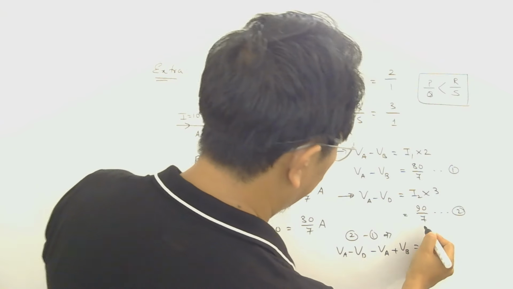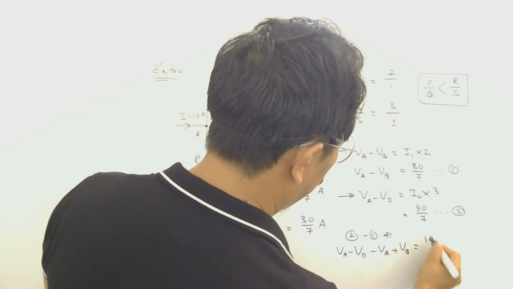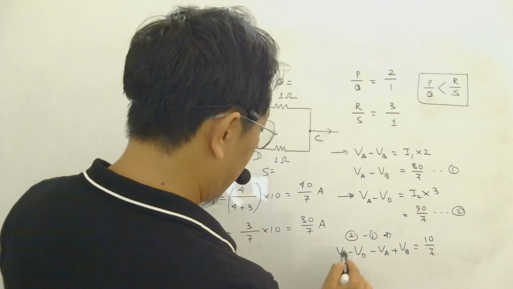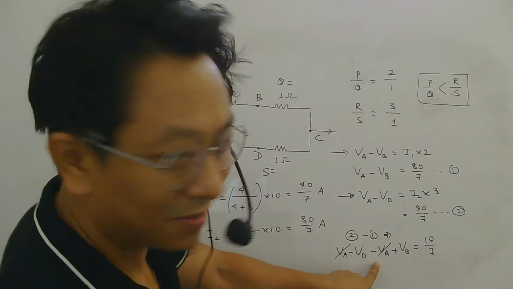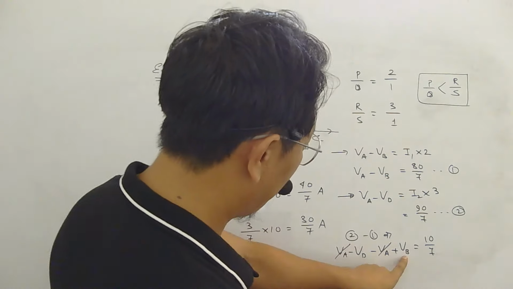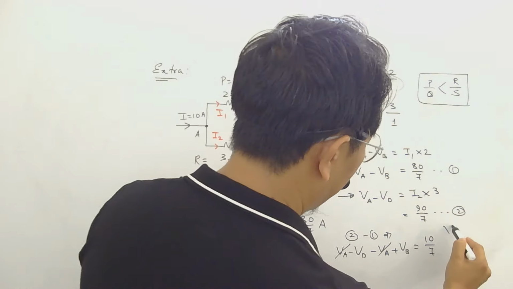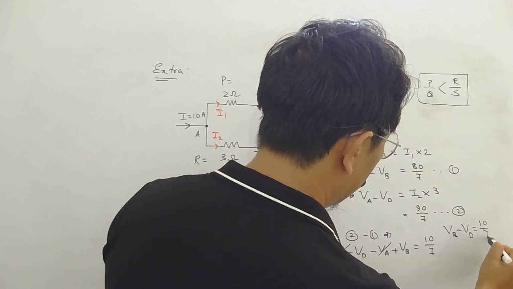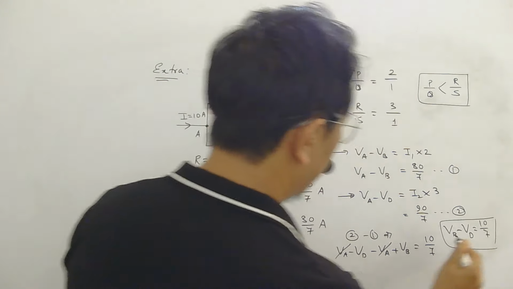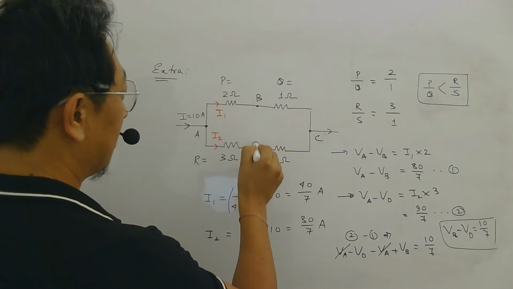And this will be 90 by 7 minus 80 by 7, 10 by 7. You can see VA minus VA cancels. So you will get VB minus VD is equal to 10 by 7, which is nothing but the potential difference between B and D.